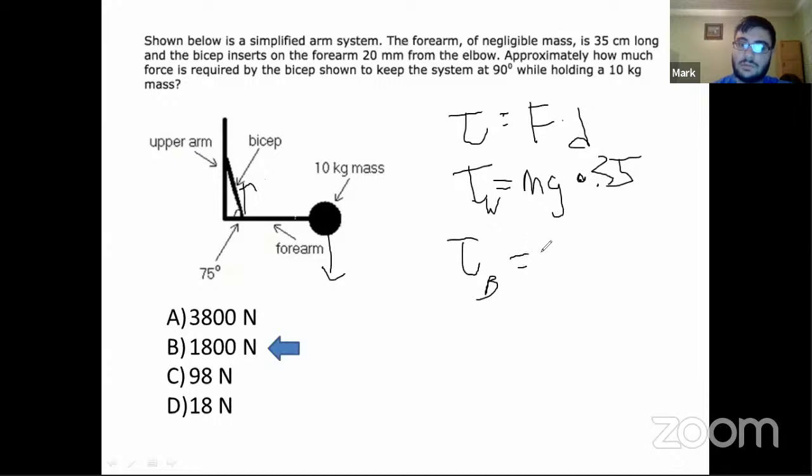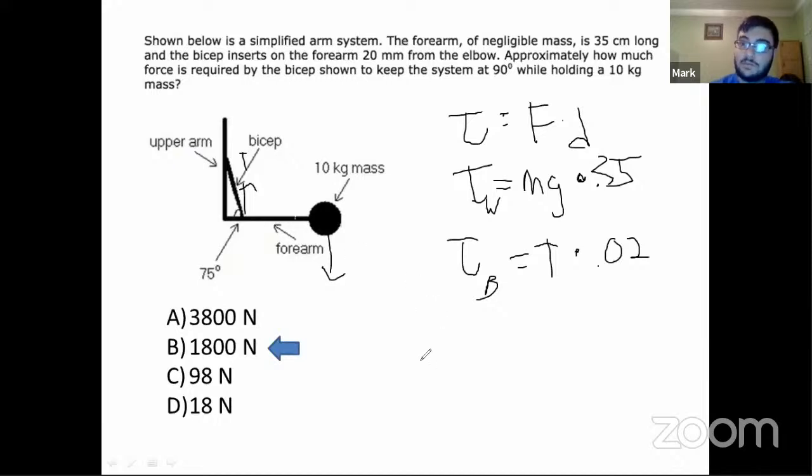That's equal to T, which is the tension of the bicep, which is the force exerted by the bicep, times 0.02. We know that because one is going down and one is going up, and the arm itself is not moving up or down, it's not rotating.